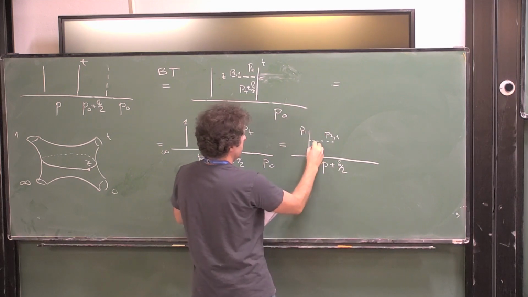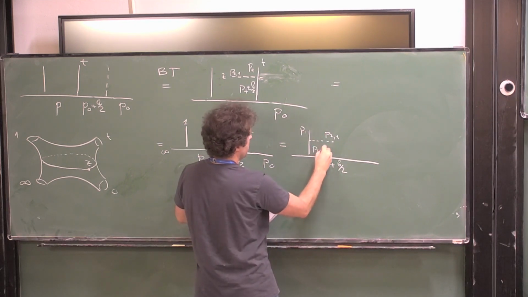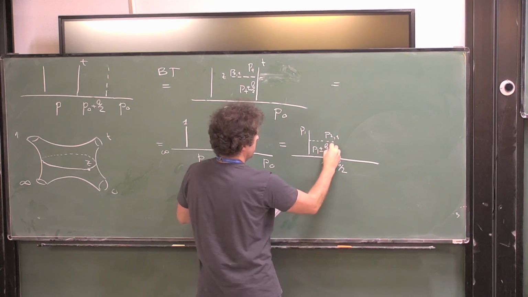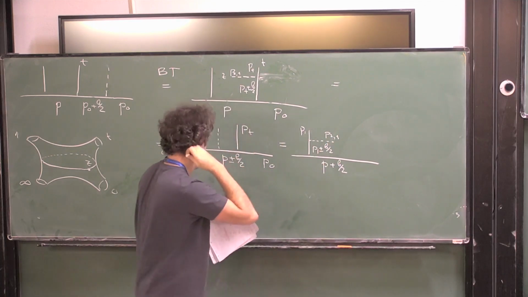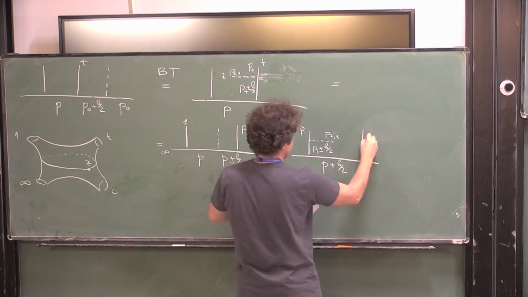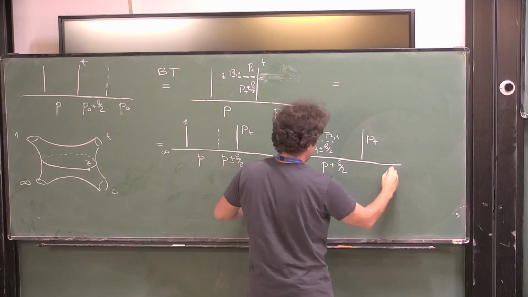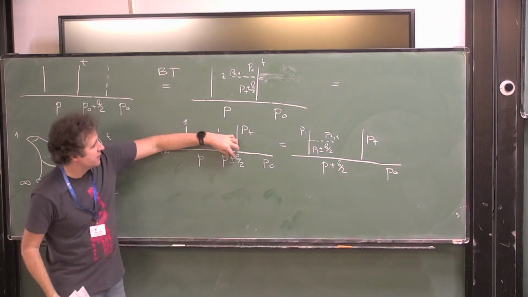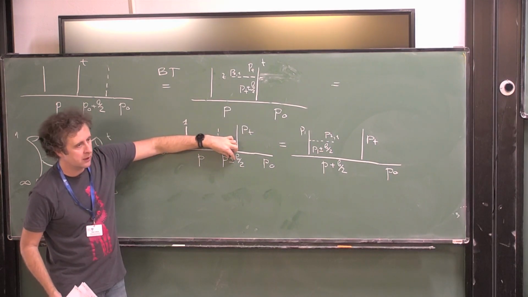Here we are going to have P1 plus or minus b over 2. And, well, here everything else is unchanged. So we have Pt and P naught. So this is the transformation of the conformal block with the sign plus over here.